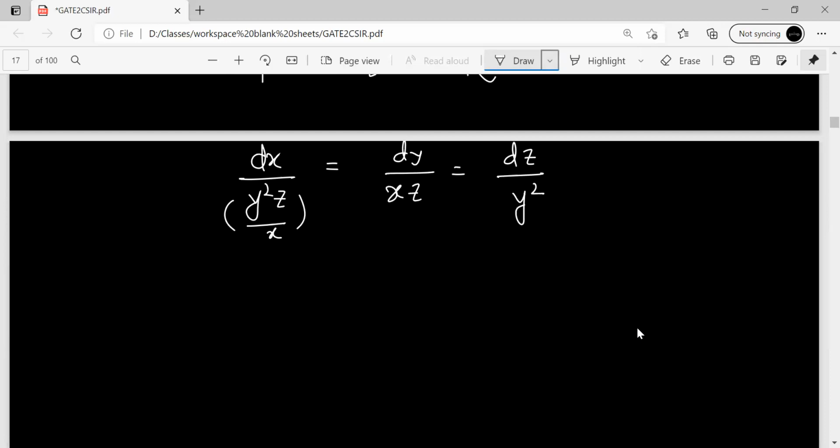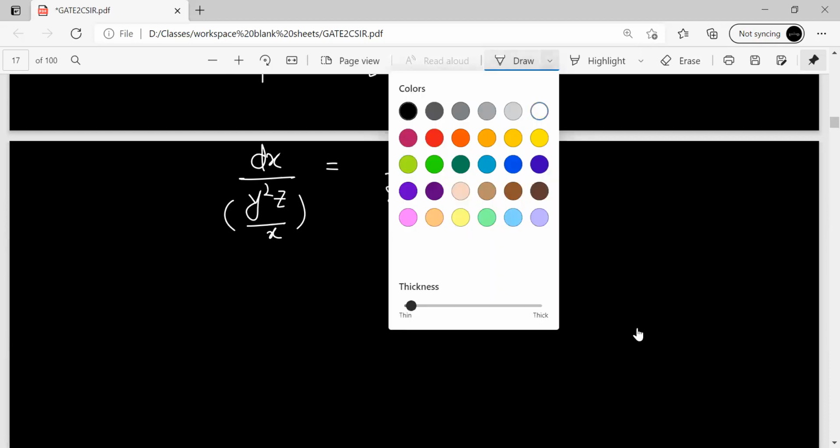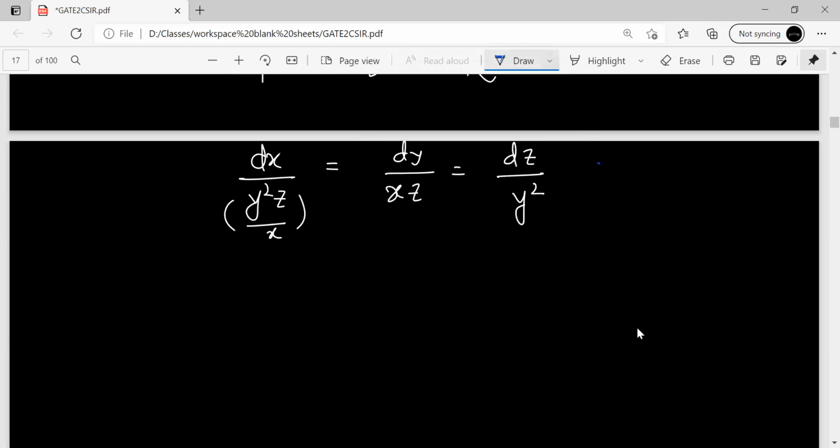Now, while solving, you have to consider two pairs. You can consider the first two, or the last two, or the first and the last. So these three pairs are possible to solve this PDE.